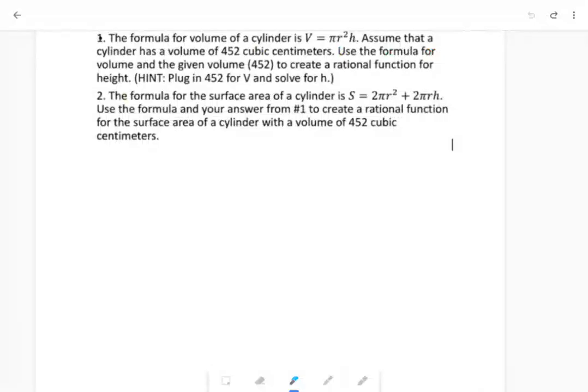So let's look at the first example here. Assume that a cylinder has a volume of 452 cubic centimeters. Use the formula for volume and the given volume to create a rational function for height. So the key is what it says in the hint there.